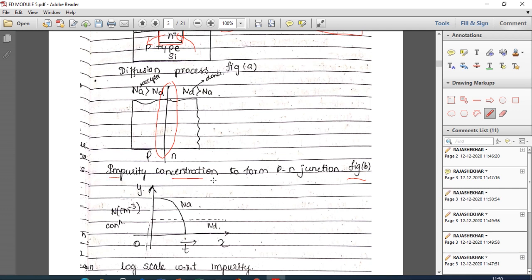Okay, so we will discuss like this. Let us take one material.